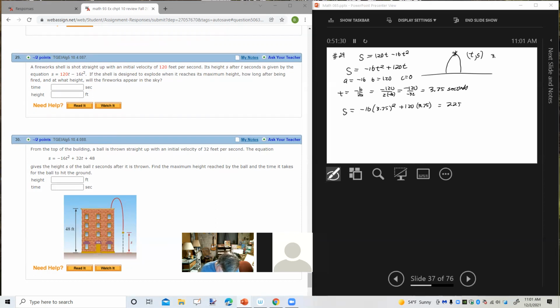So the vertex is at 3.75, 225, okay? And this is feet. So the time would be 3.75 seconds, and the units are already labeled there, and the height, 225 feet.